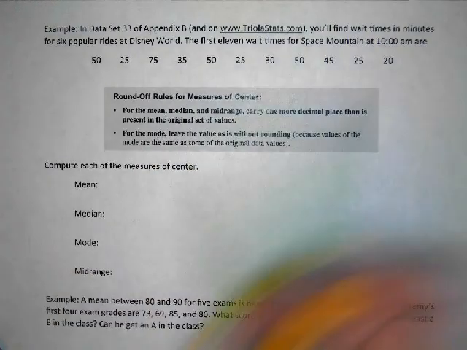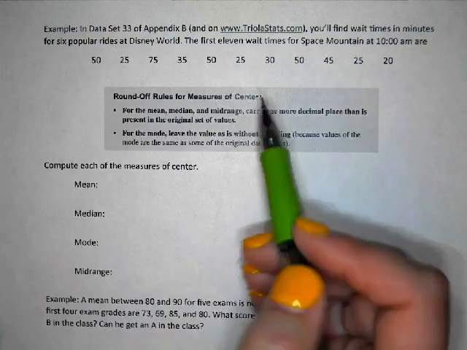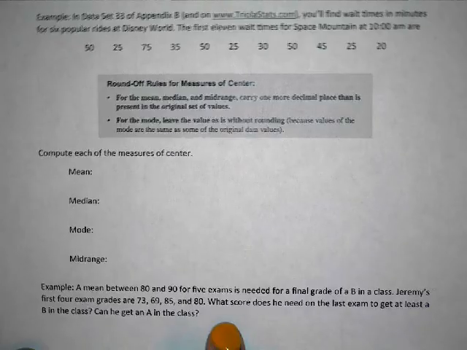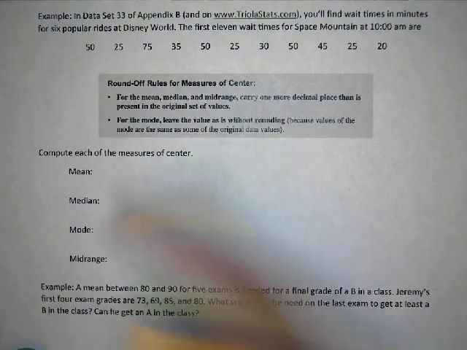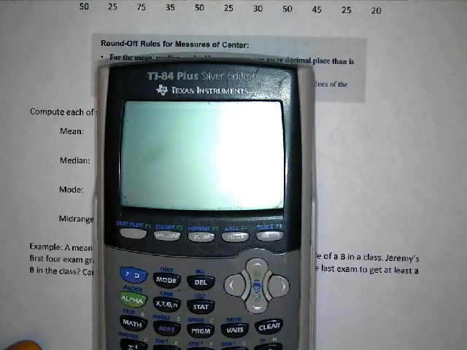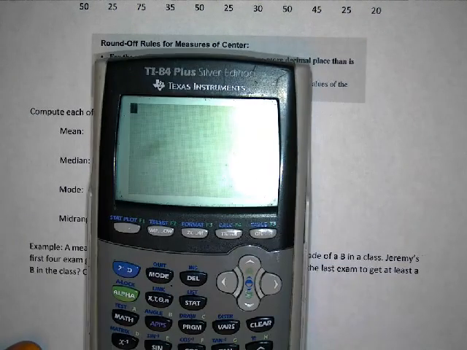Okay, so we're going to compute all of these, find the mean first. So we're just going to add up all of these values: 50, 25, 75, 35, 50, 25, 30, 50, 45, 25, 20.